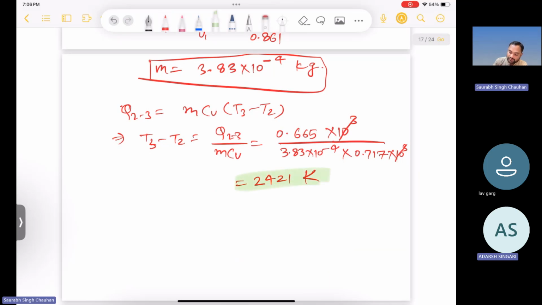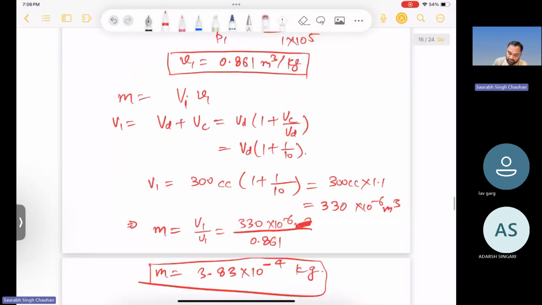We have got all the values. Sorry, this is T3 minus T2, not the maximum temperature. The maximum temperature will be T3 equal to T2 plus this value, 2421 Kelvin.